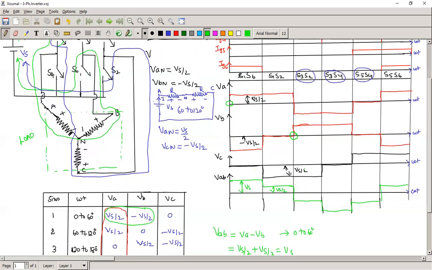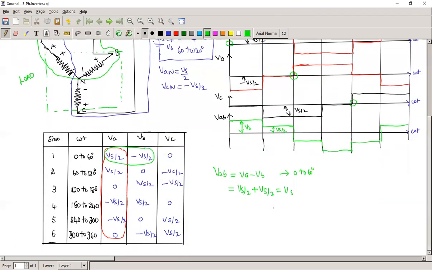Phase C crosses 0 and progresses positive at this point. This is 120 degrees, this is 120 degrees. So we can say very clearly from the waveform, if we take the reference voltage as VA or VAN, both are the same, this is VBN, this is the VCN voltage, with 120 degrees between each.